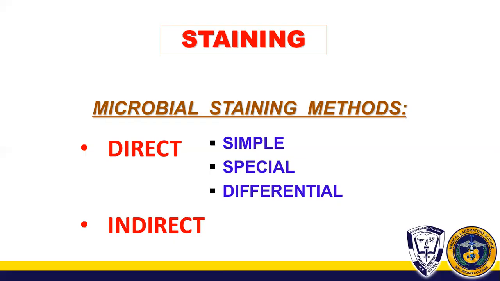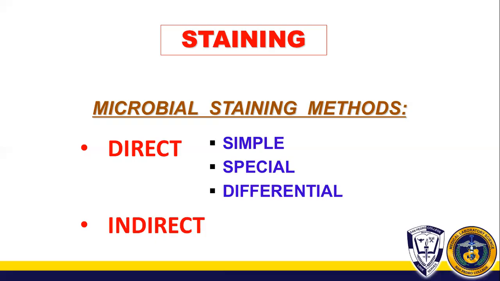Under direct staining, we have simple staining methods, which employ the use of only one color or one stain, like crystal violet or methylene blue, to achieve the colored appearance of a fixed smear. However, it's not widely used in the laboratory.